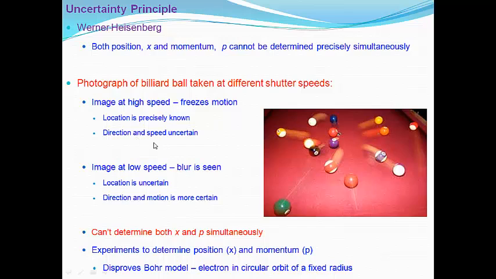But if you use a low-speed camera, you will get a blurred image, and this is what we are showing here. Let us look at some examples. We can see that there's a trail behind each ball.